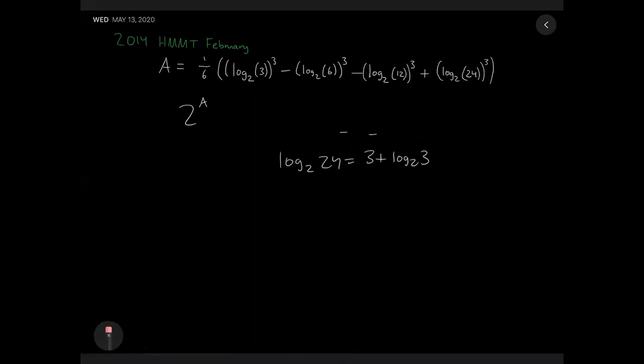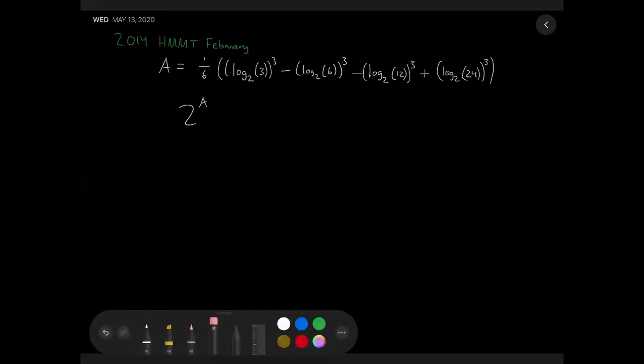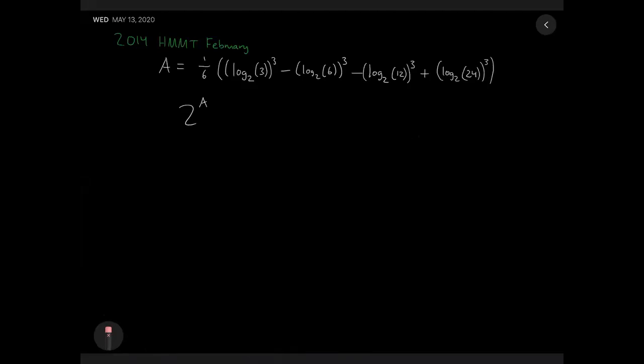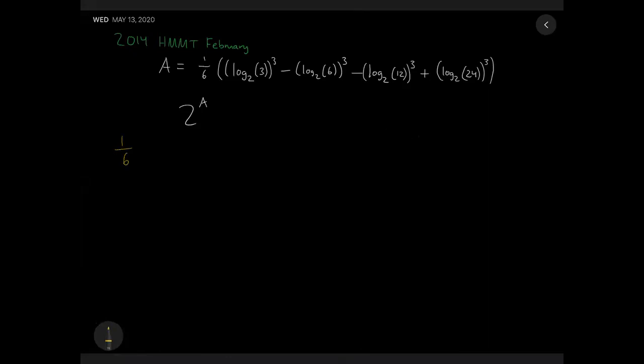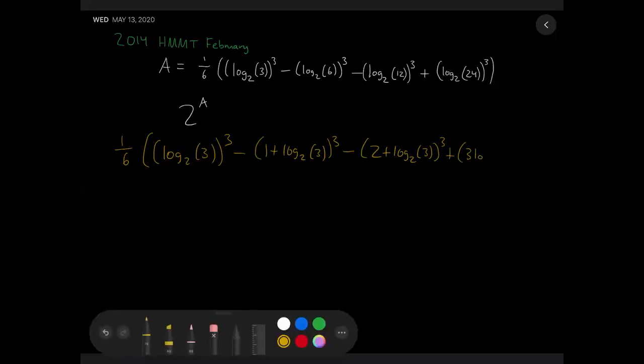It's not going to be as bad as it looks once we substitute correctly, though. 1/6, let's see if this fits: log 2 of 3 cubed, minus 1 plus log 2 of 3 cubed, minus 2 plus log 2 of 3 cubed, plus 3 plus log 2 of 3. Oop, should be a plus.